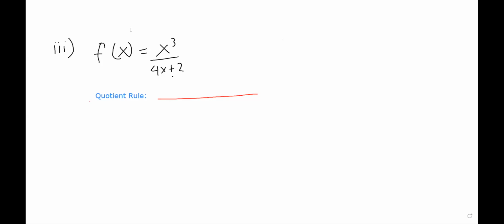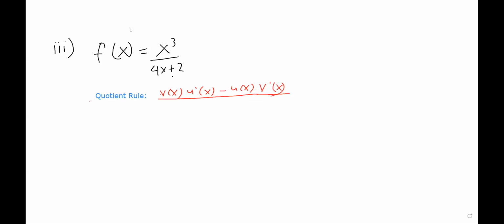It says the second function, v of x, multiplied by the derivative of the first function, minus the first function multiplied by the derivative of the second function.